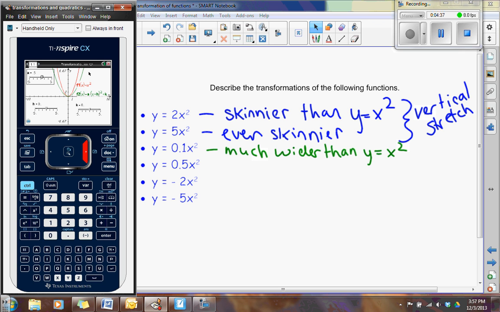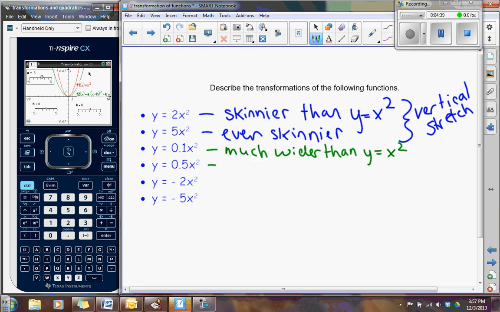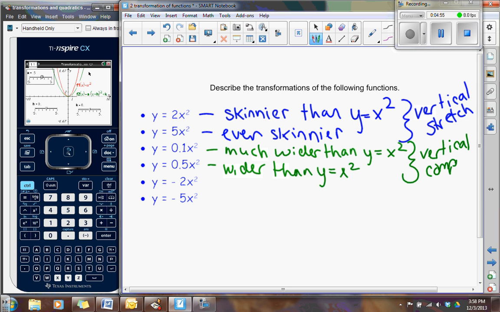Not as wide as 0.1x squared, but still wider than y equals x squared. Okay, so we can call this a vertical compression. If you can imagine our function being compressed vertically. It's being kind of pushed down upon, made wider.